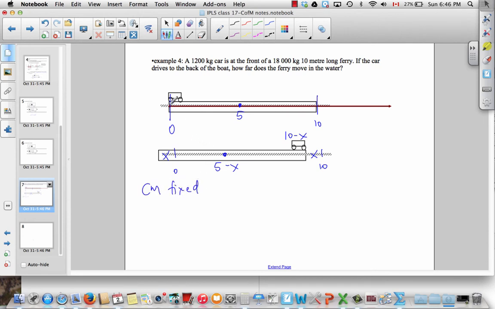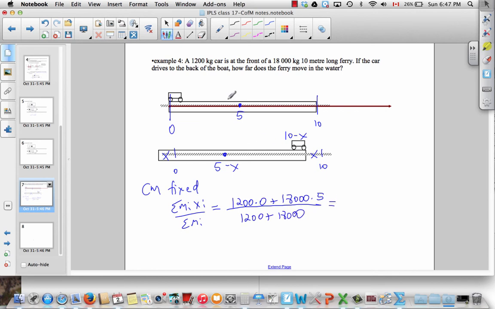So what is the center of mass in this coordinate system? Well, we can calculate it using this first diagram. It's going to be the sum of m_i x_i over the sum of m_i. So that is a 1,200 kilogram car at 0 and an 18,000 kilogram ferry on average at 5, and we divide that by 1,200 plus 18,000.